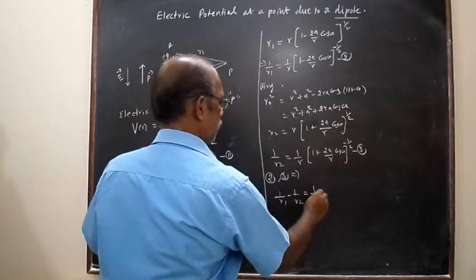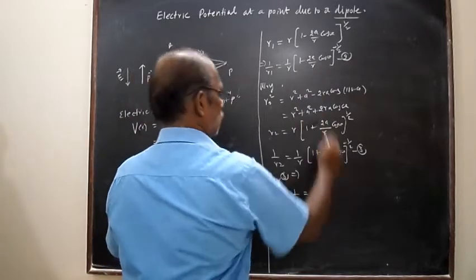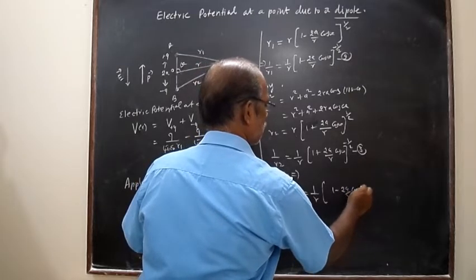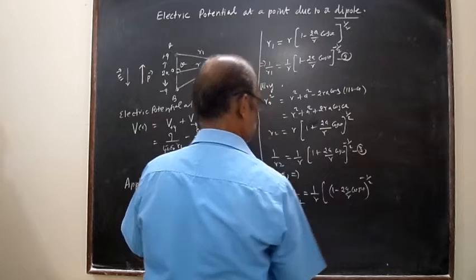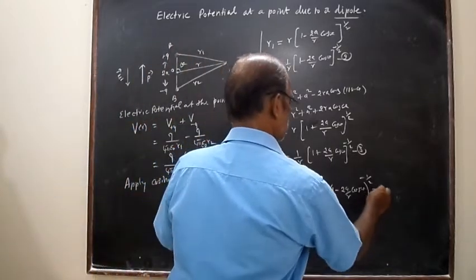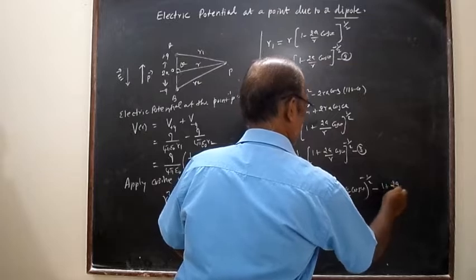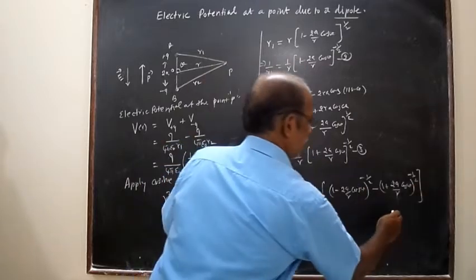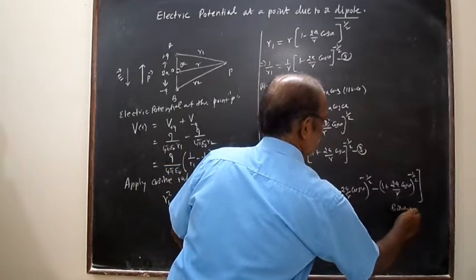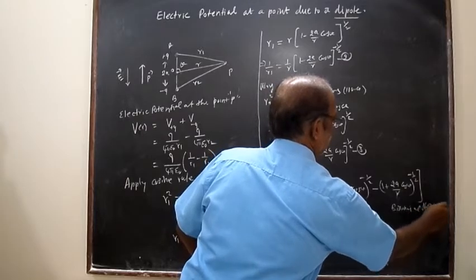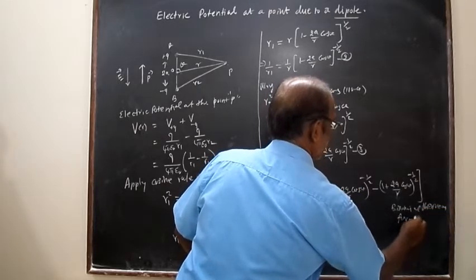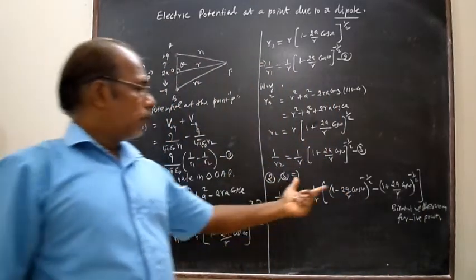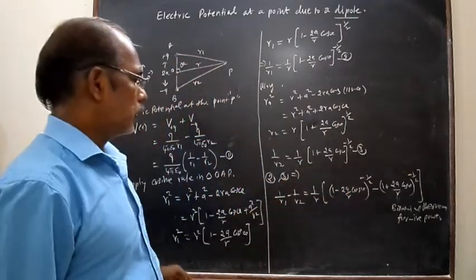Using results 2 and 3, 1 by r1 minus 1 by r2, we can take 1 by r common: 1 minus 2a by r cos theta whole power minus 1 by 2, minus 1 plus 2a by r cos theta whole power minus 1 by 2. Then applying the binomial theorem, for a negative index we can accept only two terms, the remaining terms being infinitesimally small.